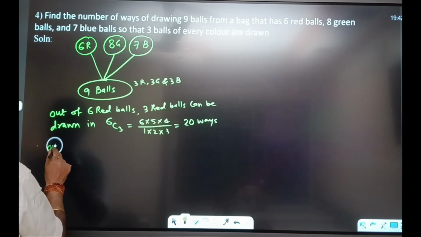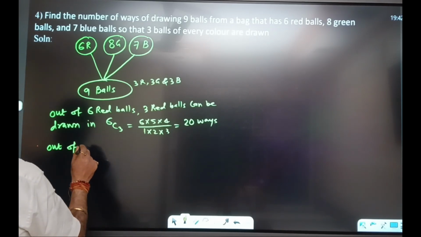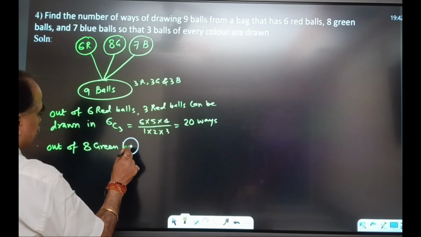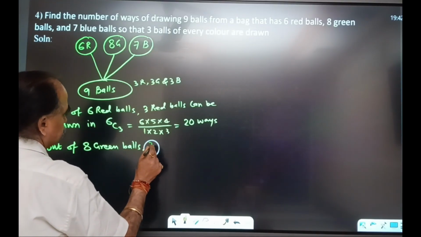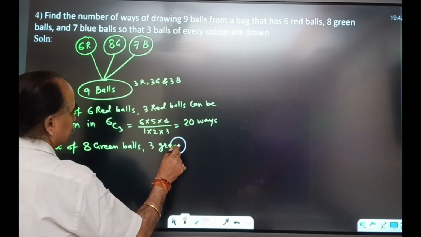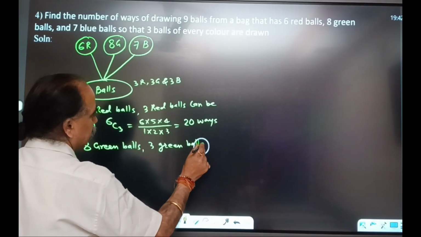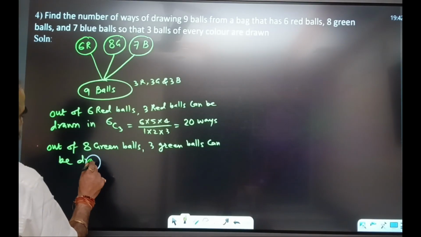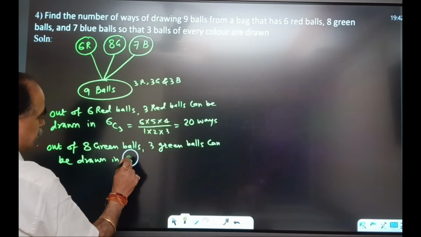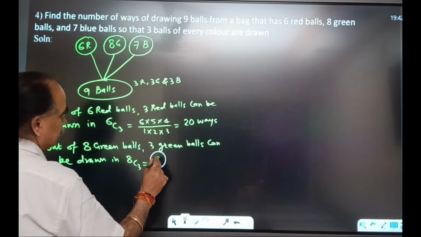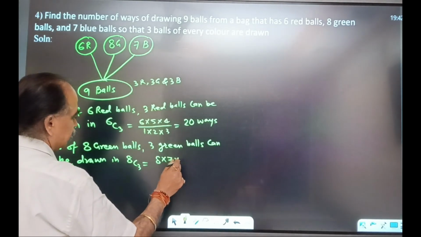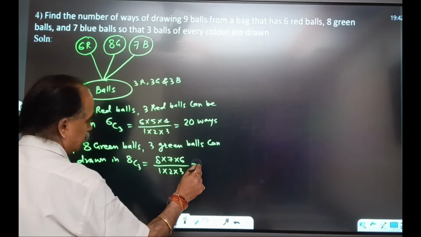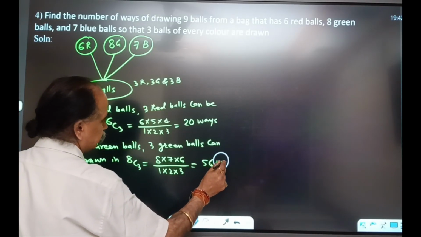Out of 8 green balls, 3 green balls can be drawn in 8C3, 8 7 6 upon 1 2 3, 56 ways.